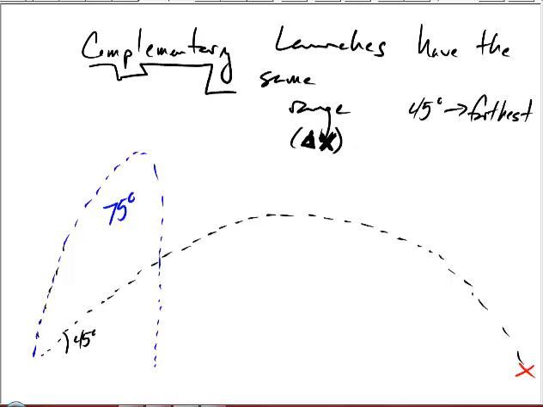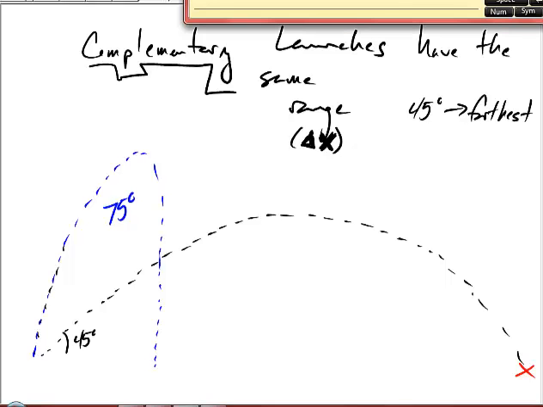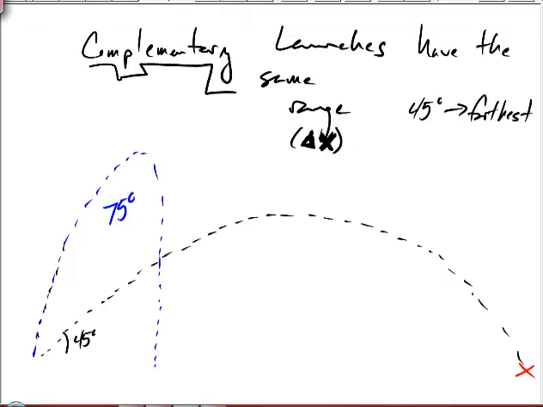And so what's the complement of 75 degrees? 15. So if we were to go with another color, how about yellow? The 15-degree launch angle.